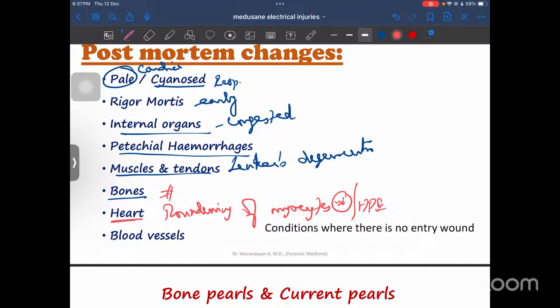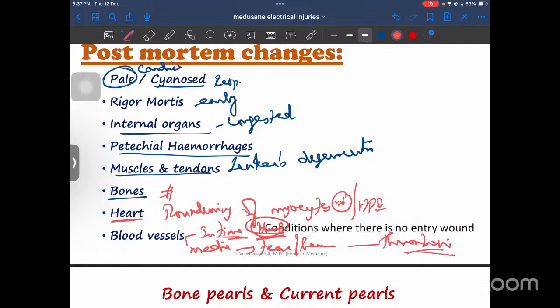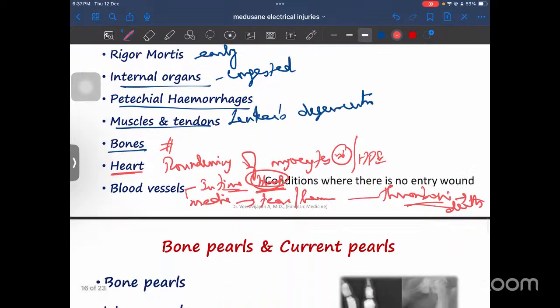In the blood vessels, the intima is usually protected because of the cooling effect of the blood. Usually, not always. In the media, we can see tears or hemorrhage, which leads to thrombosis. Sometimes this thrombosis may cause death. We can add this cause of death also.